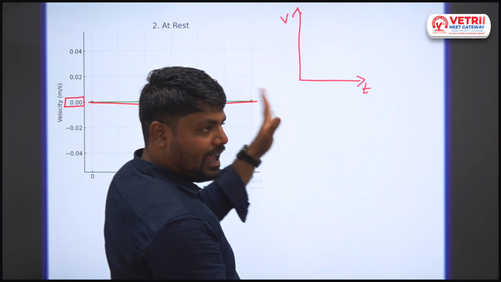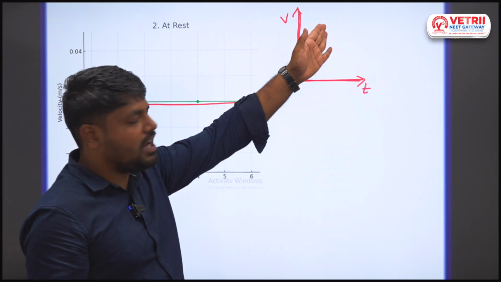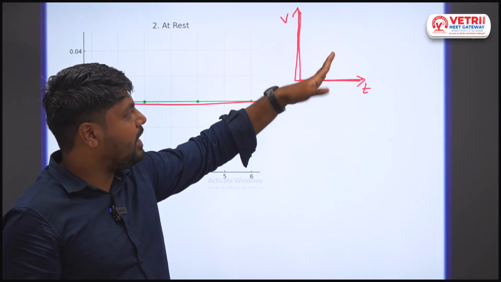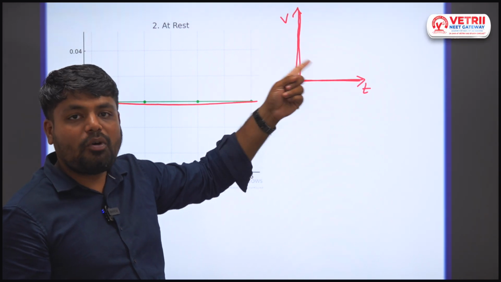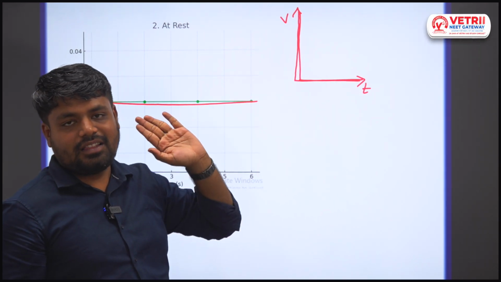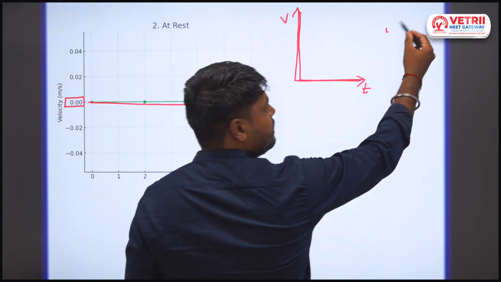You can draw it like this, or if you don't draw any graph in the VT graph, it represents that the body is at rest. You can leave it as it is. This is also a correct answer.